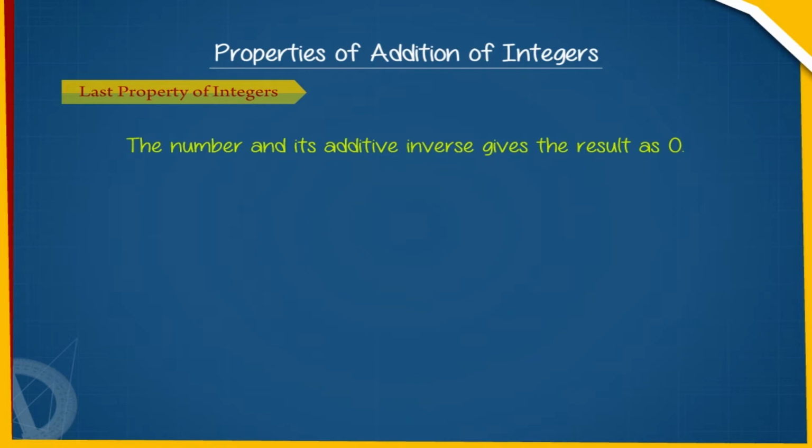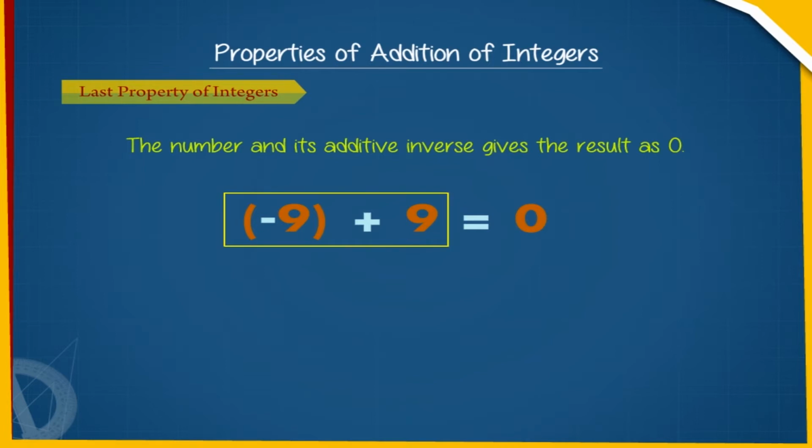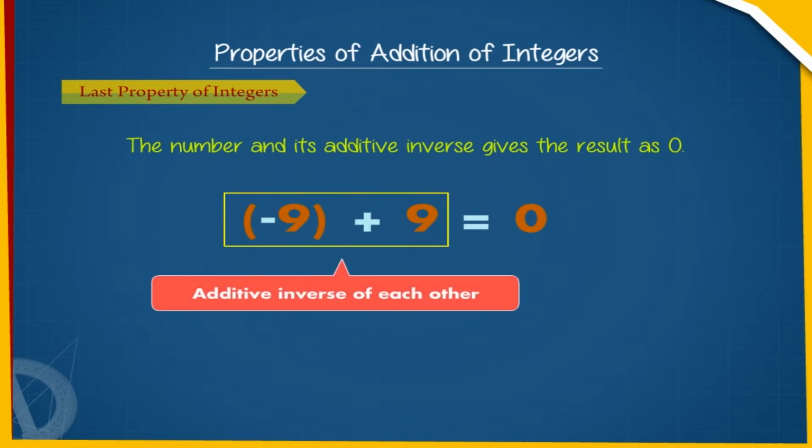It means taking the number and its additive inverse gives the result 0. For example, minus 9 and 9 will give the result 0. Here, minus 9 and 9 are additive inverses of each other.